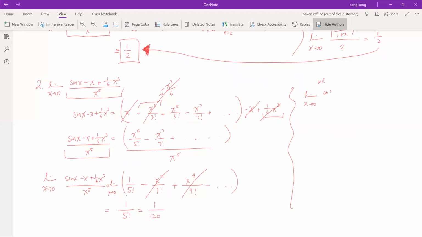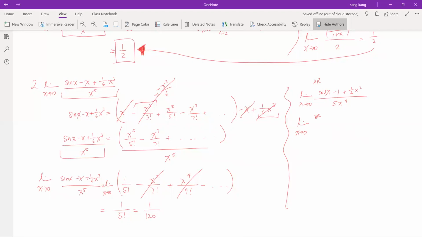So this would be cosine x minus 1 plus 3/6 is 1/2 x squared over 5 x to the 4th. Evaluate at 0. Cosine of 0 is 1, minus 1 is 0, plus 1/2 times x squared is 0 over 0. So we have to use L'Hopital's rule again.